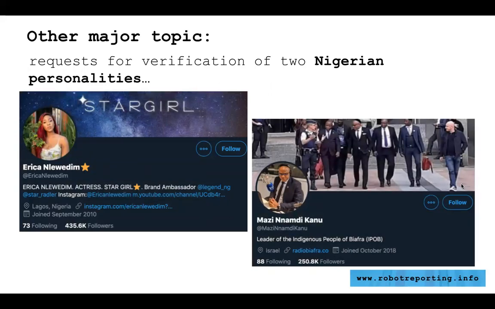People I had never heard of, and yet they have commanded this huge amount of Twitter traffic with messages specifically to Jack Dorsey, their followers, their fans, asking for them to get that coveted blue check of Twitter verification, which, as we know, can really lend a person or a group a lot of credibility. So again, complete surprise to me that this is what we would find in the Twitter traffic to Jack Dorsey.